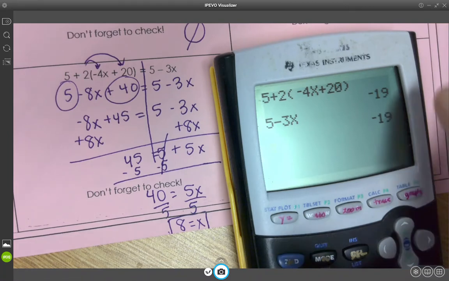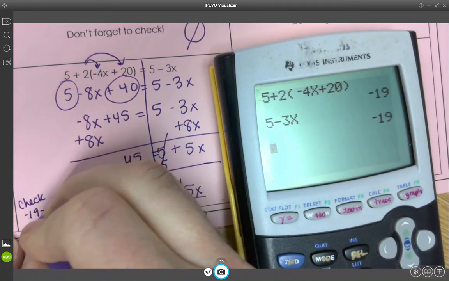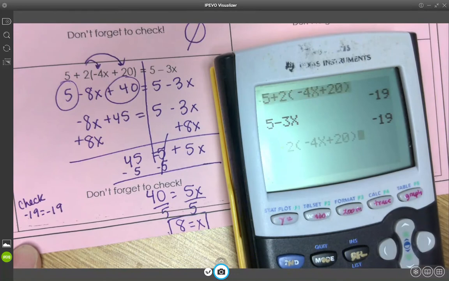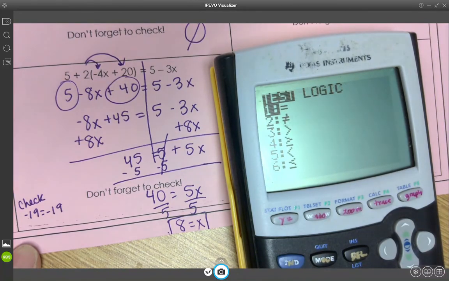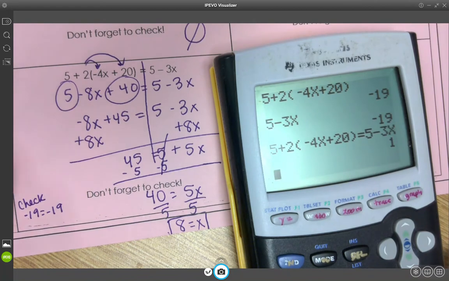All right, so they both, whenever you check it, it's negative 19 equals negative 19, or you could have put this in, then hit second math for tests to get equals, and then the other side, push enter, and as long as you get a 1, that means it's a true solution, so you did it correctly.